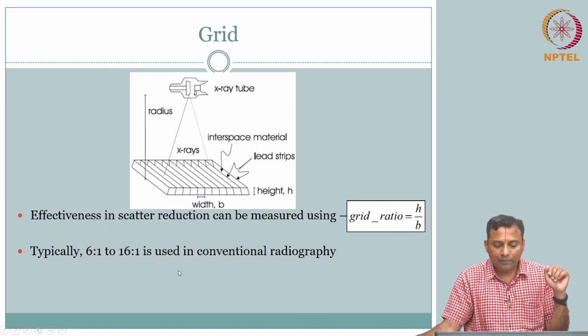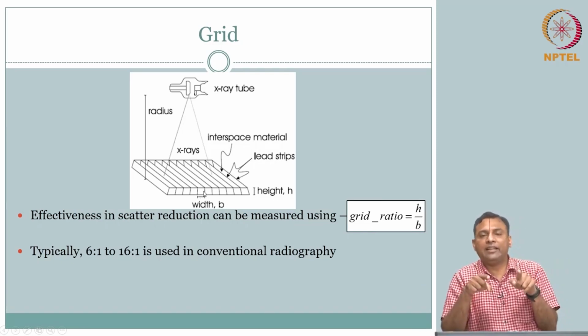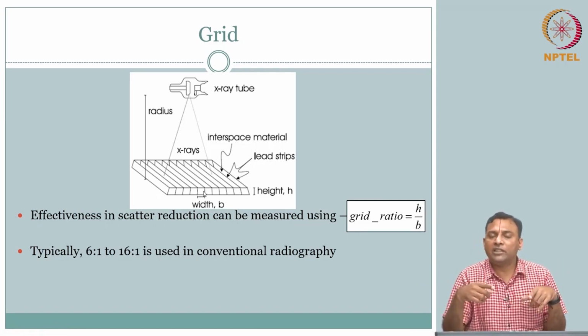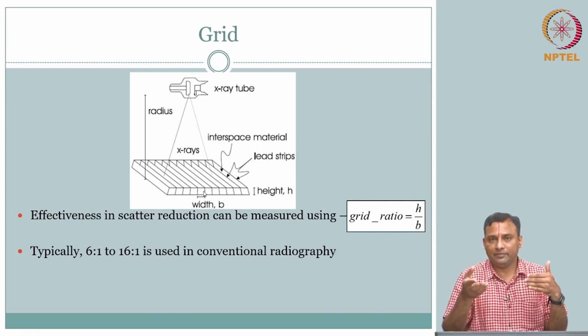What are the other parameters? This ratio is important, but it is normalized to width. To get a feel for this, what is B? It is the distance between the two lines. Instead of saying it like that, a common way of describing this specification is number of lines per centimeter. You can have somewhere like 60 lines per centimeter to 80 lines per centimeter.